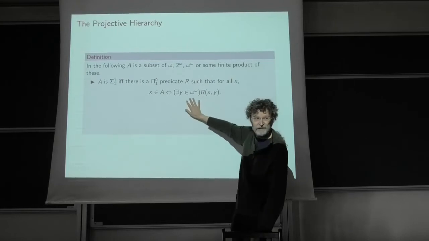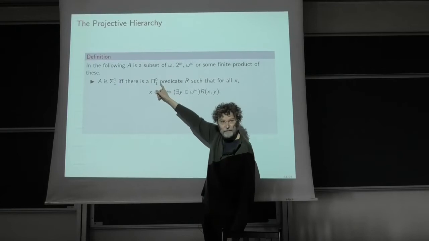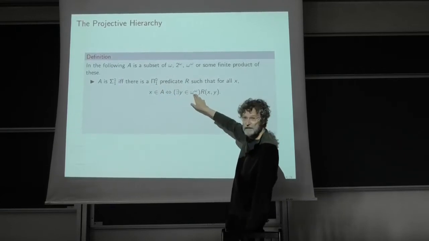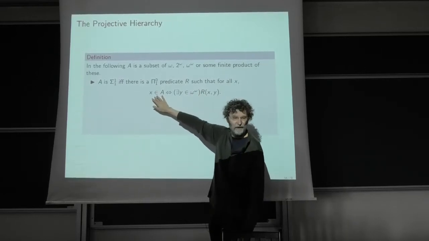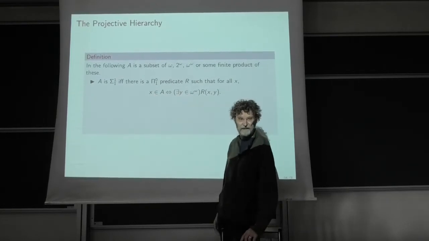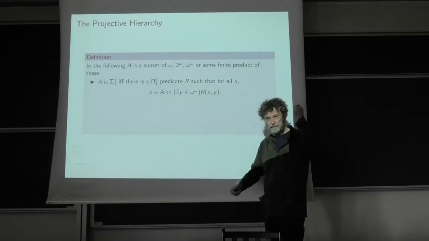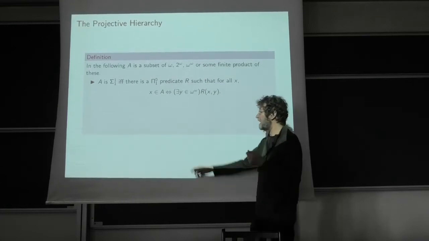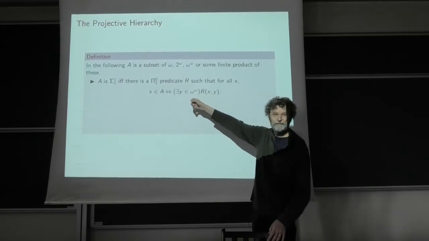Okay, so this is explicitly of an analytic form. Pi 0, 1 predicates are closed. So I have a closed subset of omega to the omega across whatever x ranges over, whether x is an element of 2 to the omega or an element of omega to the omega. The same syntax applies. Okay, so I have a closed subset of Baire cross Cantor, for example, and A is the projection on the Baire coordinate, B-A-I-R-E.